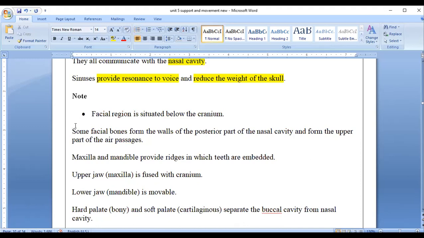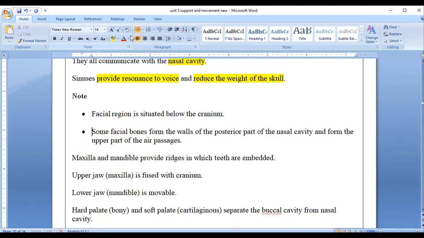Some facial bones form the wall of the posterior part of the nasal cavity, posterior meaning behind, and form the upper part of the air passage.